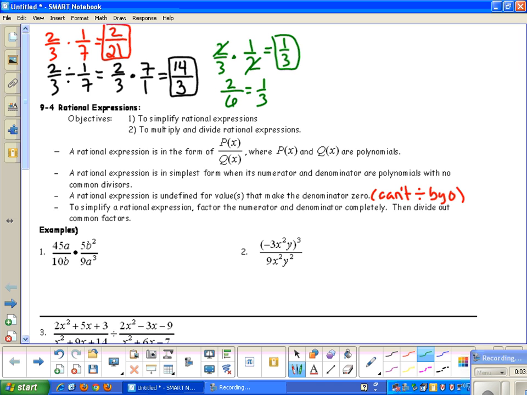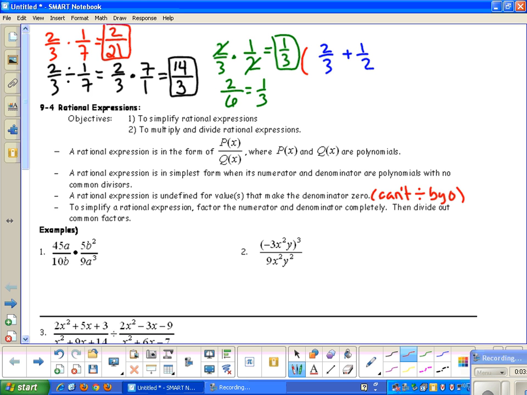Before we get there, let's also look at 2/3 plus 1/2. Notice that this is completely different than multiplication or division, because in order to add two fractions, we have to have a common denominator. Right now we do not have one because we have 3 and 2, and the common denominator between 3 and 2 is 6.